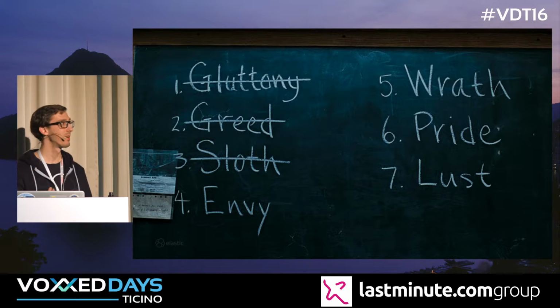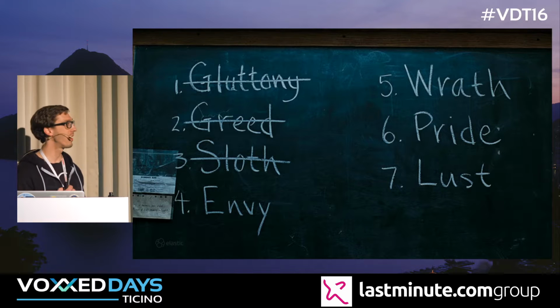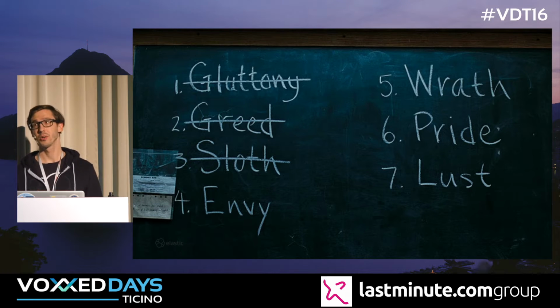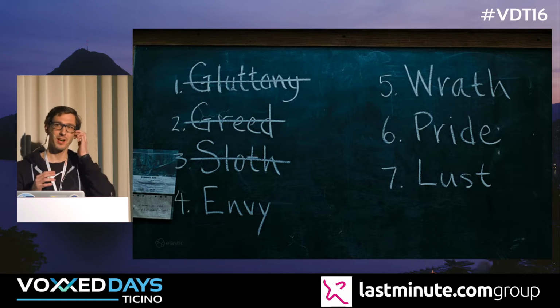Envy: don't do everything yourself. That was about automating stuff, using things like Spring Boot that will help to solve your problems. Wrath: log and collect stuff if everything is going wrong, so you channel your rage into something productive and find out what is happening.